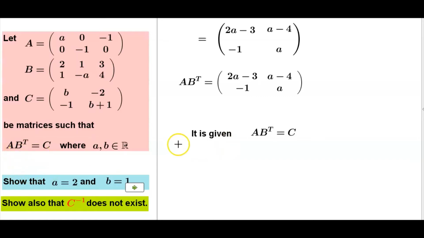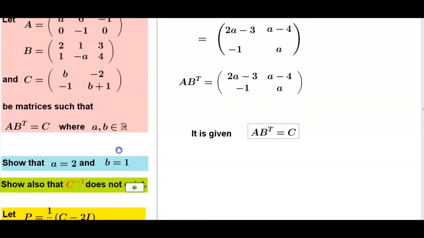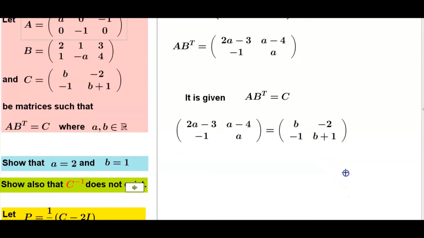It is also given that A into transformation of B is equal to matrix C. We must show that A is equal to 2 and B is equal to 1. For A into transformation of B we put this matrix, and for C we are given this matrix, with 4 elements: B minus 2, minus 1, B plus 1.